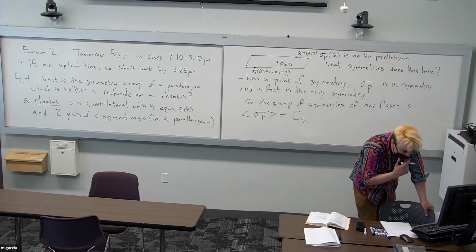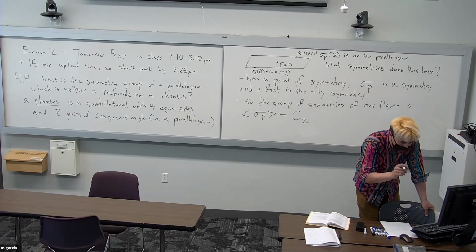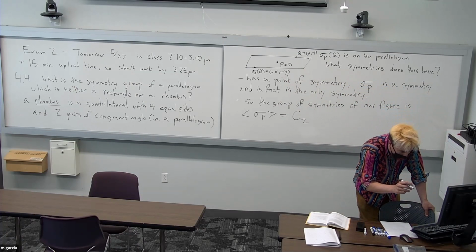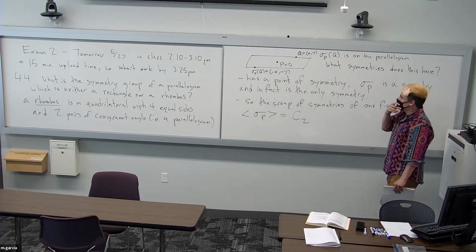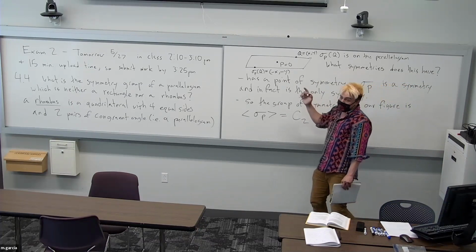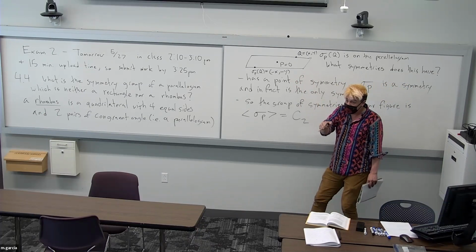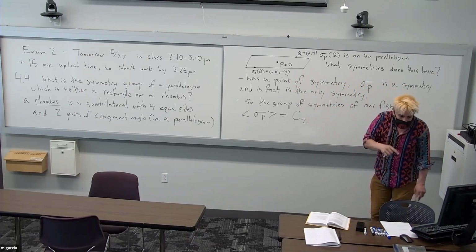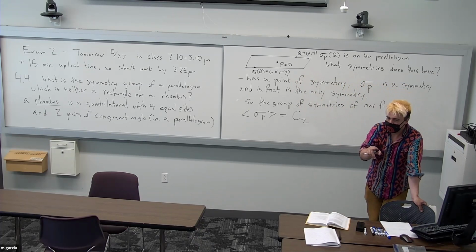so Keenan asked, does that mean that for a point of symmetry, any point on the parallelogram's half turn is just its prime? So sigma sub p of q equals q prime. Yeah, that's I think what you're saying. I'm sorry, I interrupted you guys.